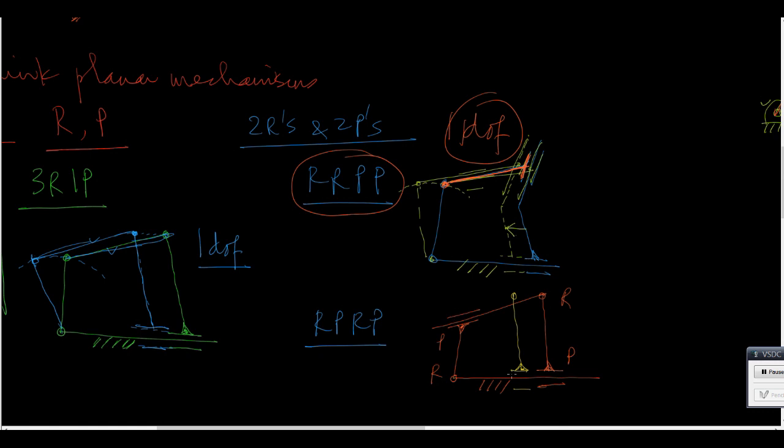How will it work? So this point, let us say it goes this way, moves in an arc, right? But when it comes here, this angle is going to be a little bit like this. So this line can't go through. Similarly, when it comes here, this angle is going to be a little more like that.